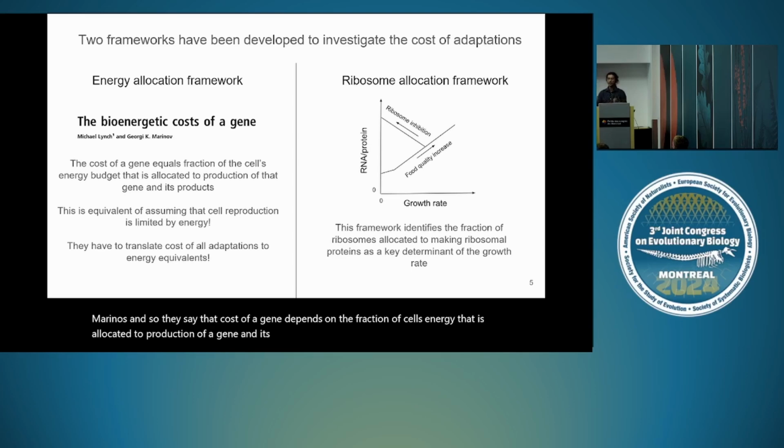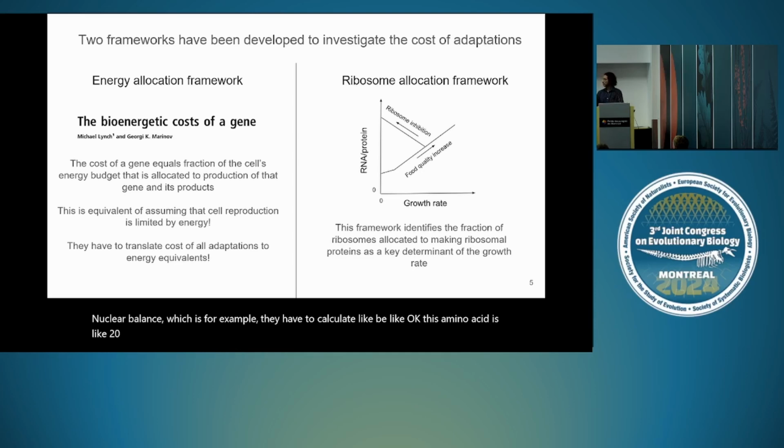When they do that, they are basically implicitly assuming that cells are energy limited, and they have a limited energy budget, and they are allocating it between different adaptations. They also have to translate the cost of all adaptations into energy equivalence, for example, they have to calculate, okay, this amino acid is 20 ATPs.